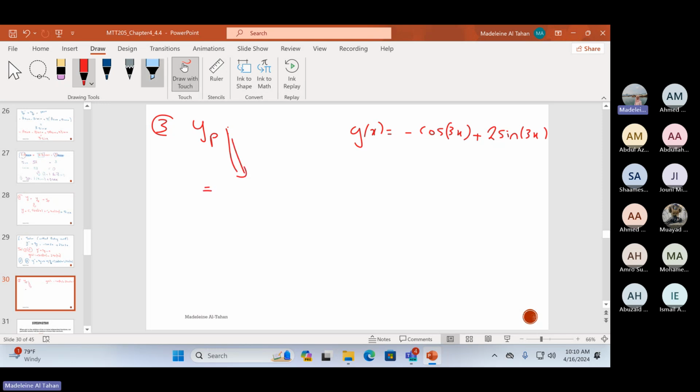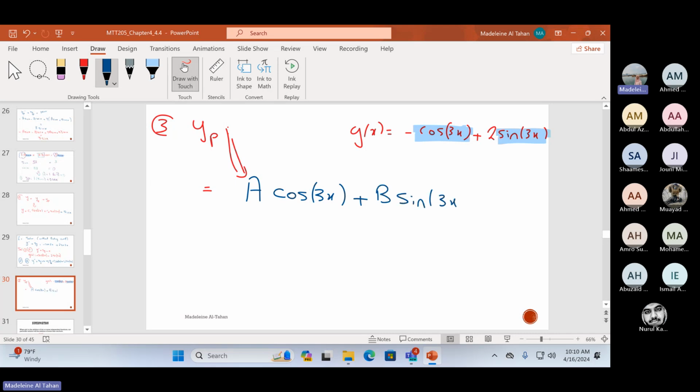What do we have here? Cosine 3x. And what do we have? Sine 3x. If we have cosine 3x alone or sine 3x alone or a combination of them, all of them will give us the same particular solution: A cosine the same angle plus B sine the same angle.